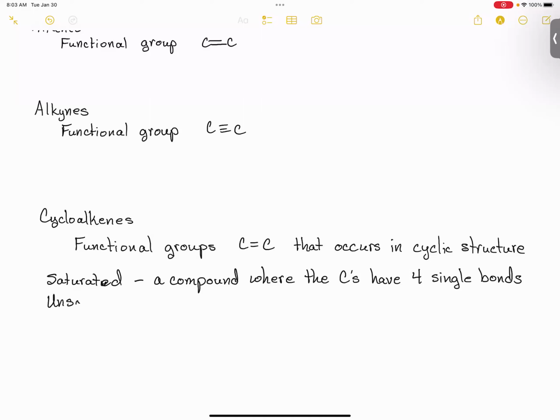Unsaturated is the term we use to describe alkenes and alkynes because it is a compound that has a double bond or triple bond.